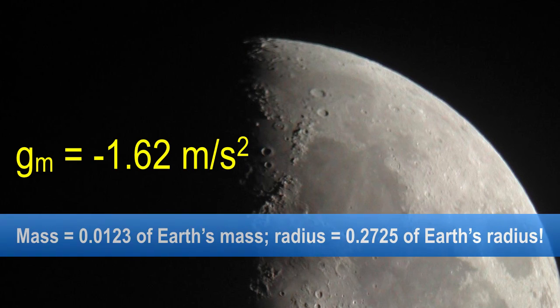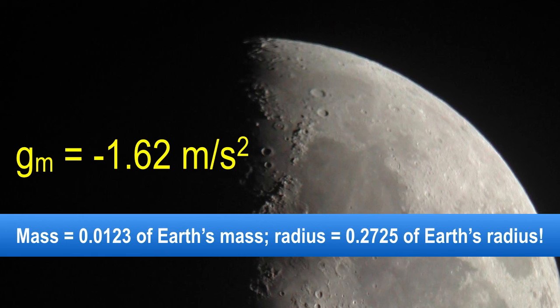And that is because the mass of the moon is only 0.0123 times the mass of Earth. In other words, 1.23% of Earth's mass. The radius of the moon is also smaller, 0.2725 of Earth's radius. So it's smaller in mass, and it's smaller in radius.